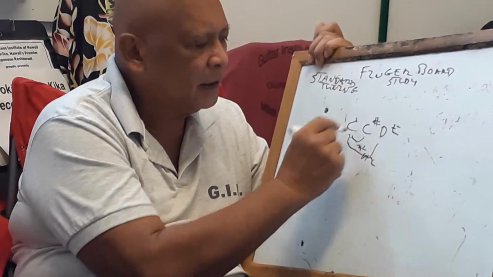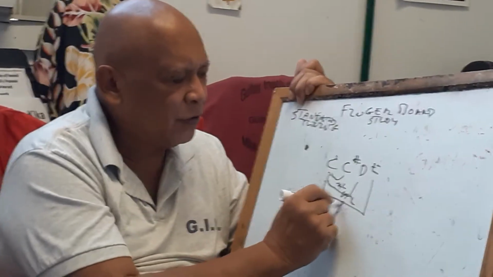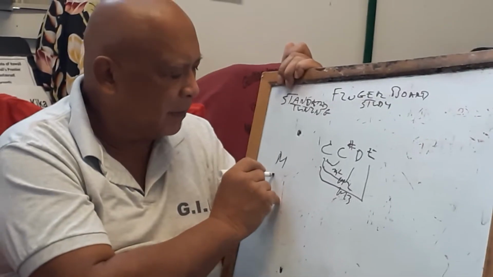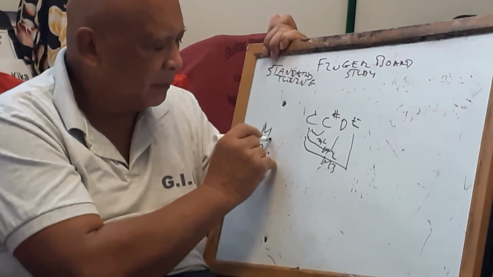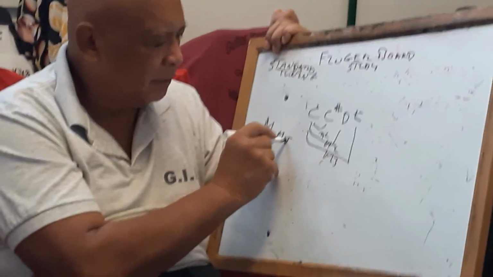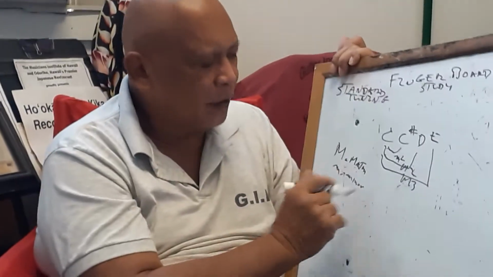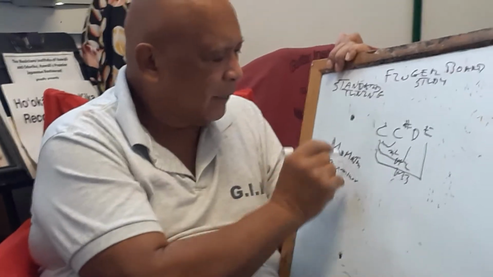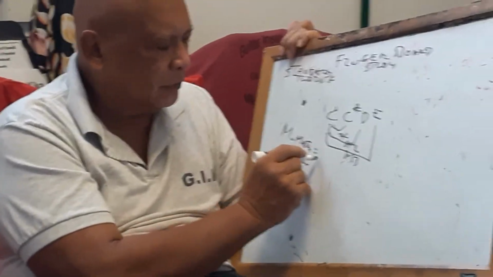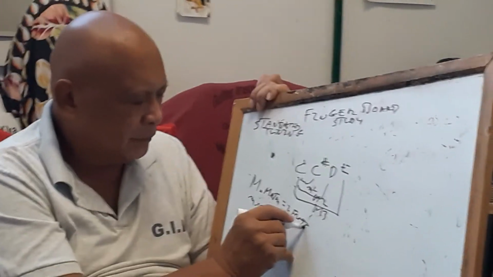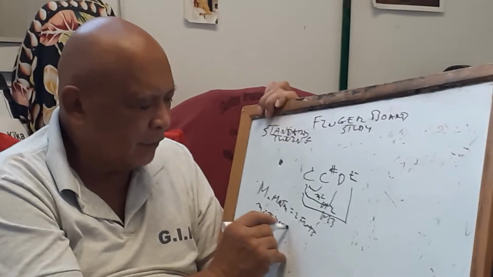C to E is a major third. Now you notice the major is written with a capital M, the minor is written with a small m. Major is 2 frets, but minor is 1 fret.